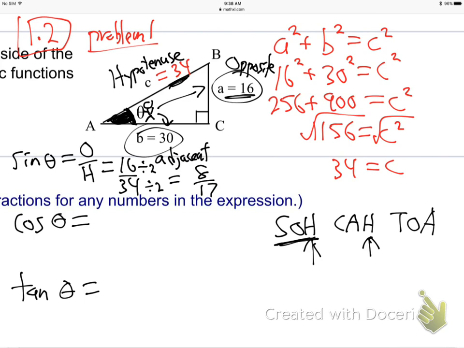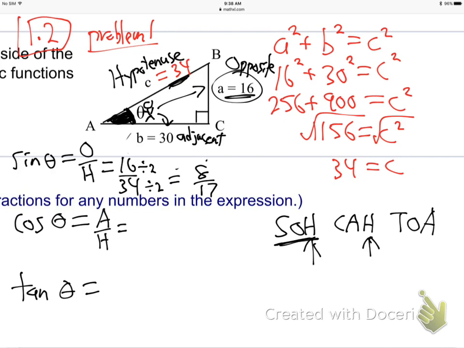Can you do the cosine? Let me let you go ahead and try to do the cosine. Adjacent over hypotenuse. So cosine is adjacent over hypotenuse.